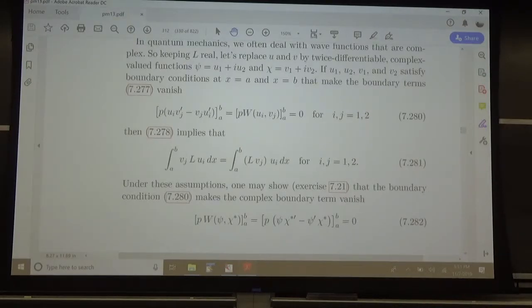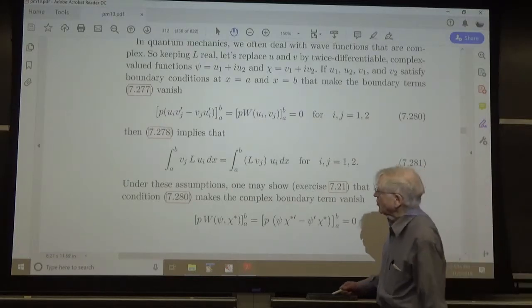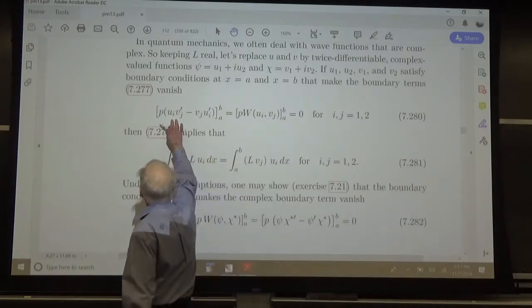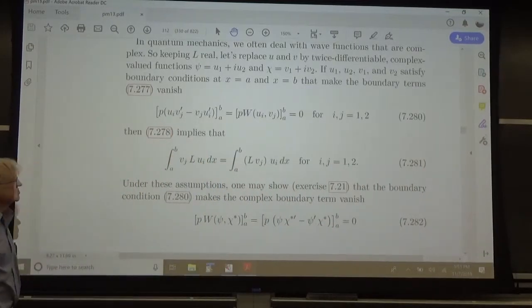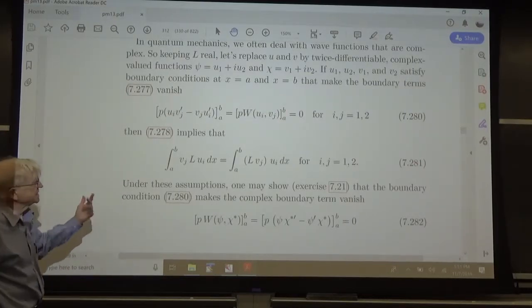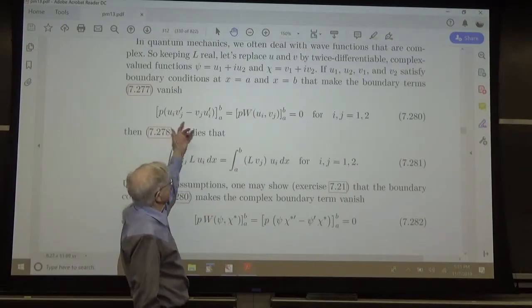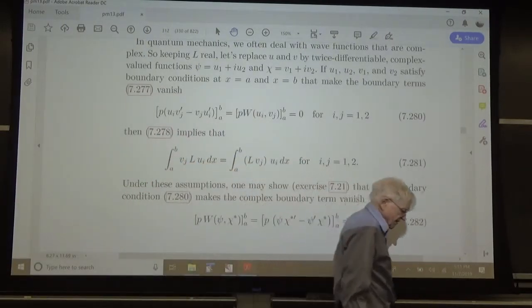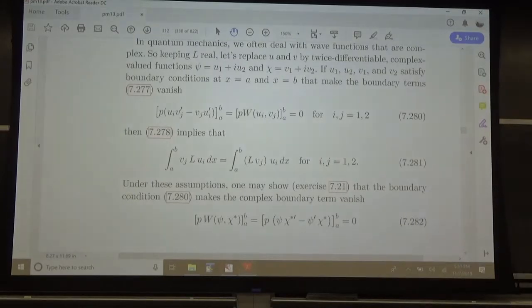Then what we'll want is the u_i and v_j to satisfy the boundary conditions, namely that p times the Wronskian of u_i with v_j vanishes when evaluated at b and then subtracting the value at a.